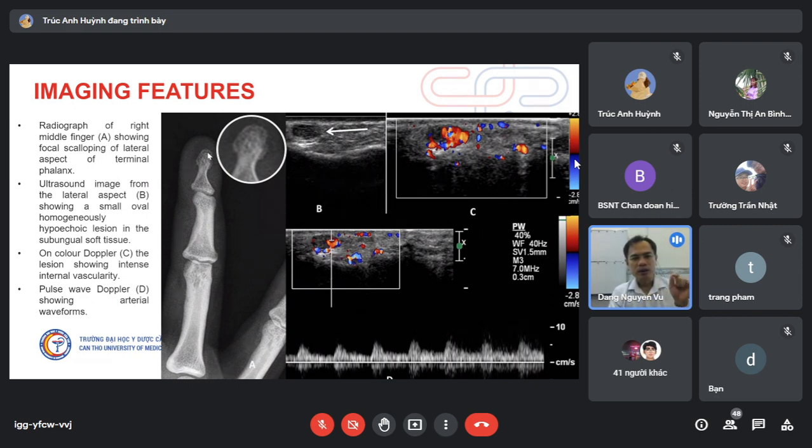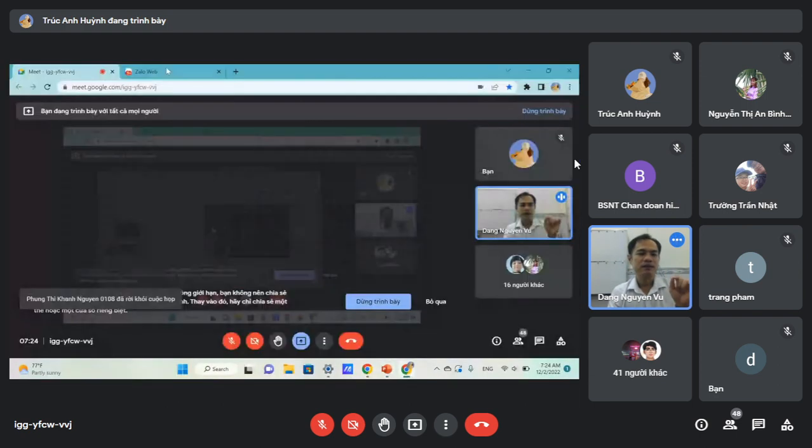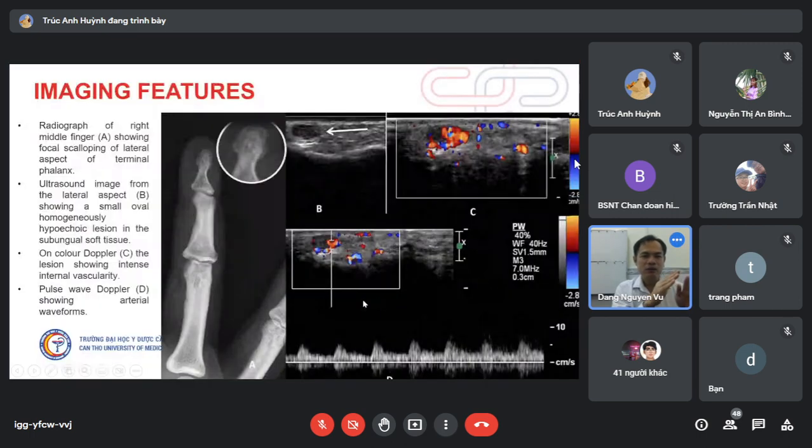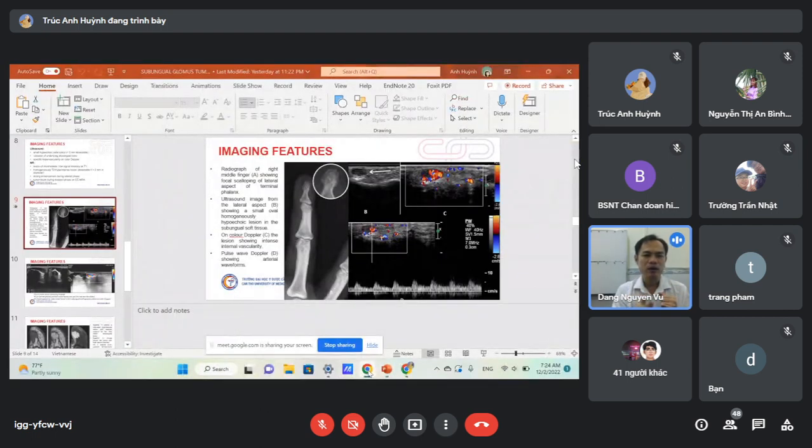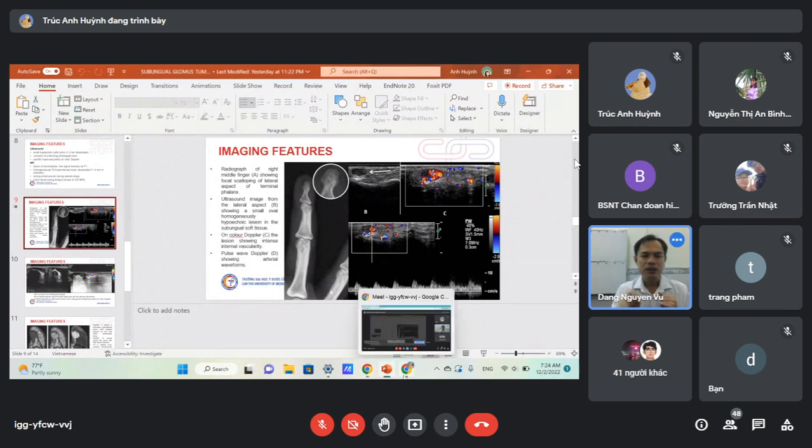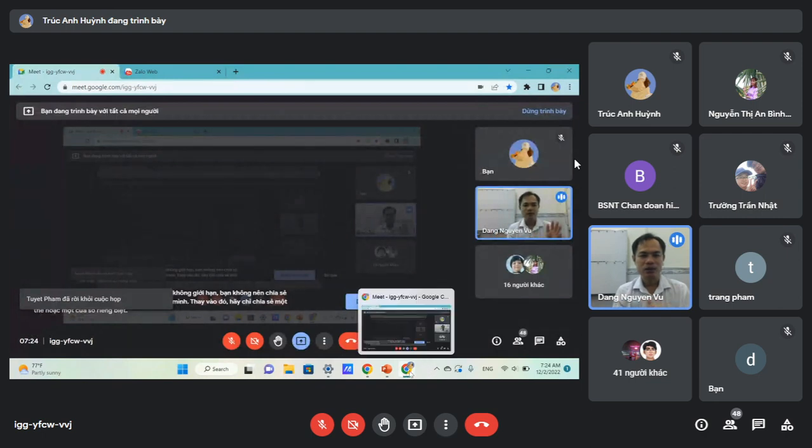That area is only suggestive of a lesion, suggesting bone erosion or bone resorption. Radiography is difficult for telling that this one is a glomus tumor, because this type of lesion in the bone on radiograph may be caused by many other different diseases.